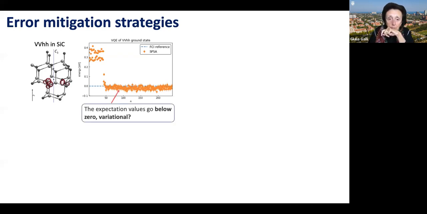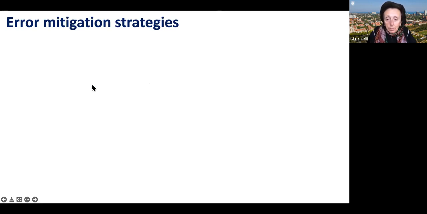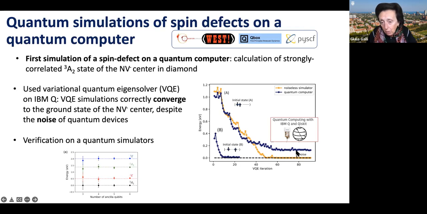The very first thing, which we didn't notice in diamond but noticed in a more complicated system, is that our variational eigensolver was not apparently variational. Numbers go below the limit here because of noise; we didn't notice this for the ground state.